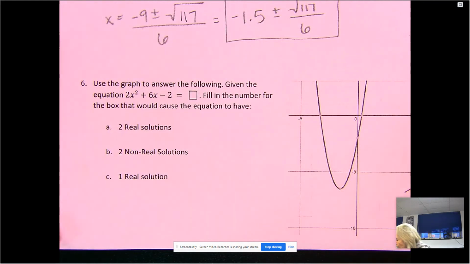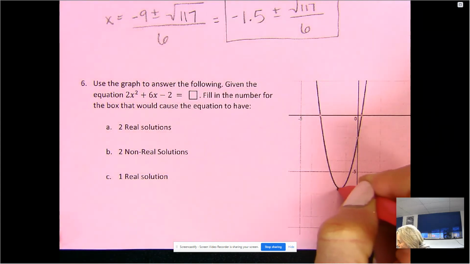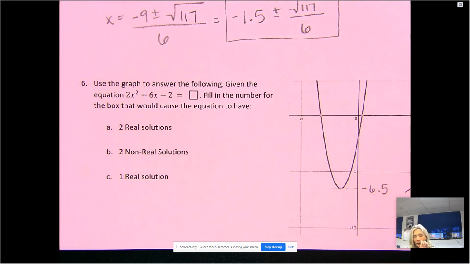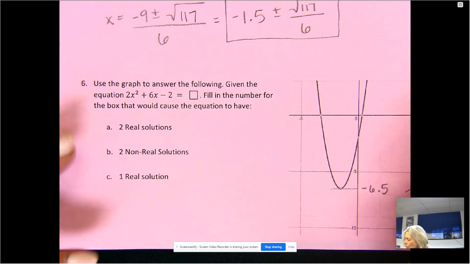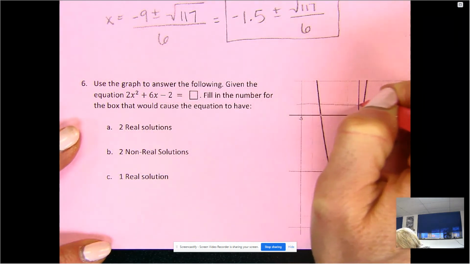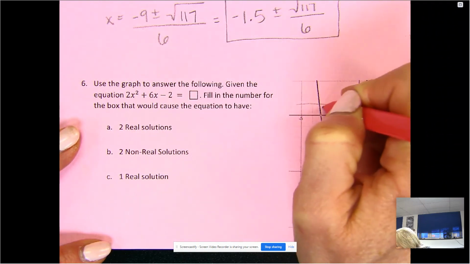This is like negative 6.5. All right. So right here, the vertex is negative 6.5. And so any value above that is going to have 2 real solutions because it will cross the function in 2 places.